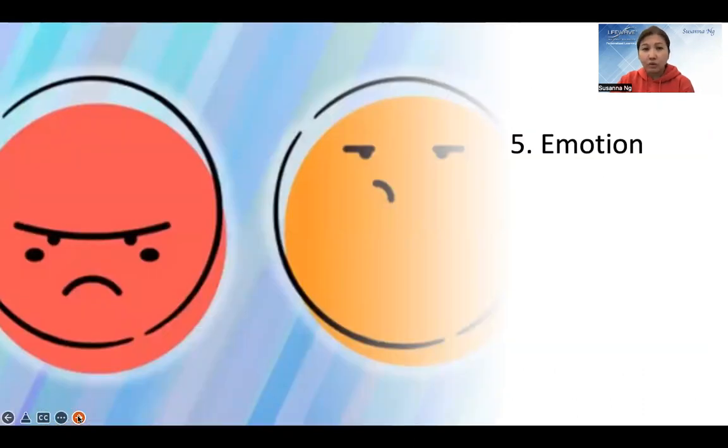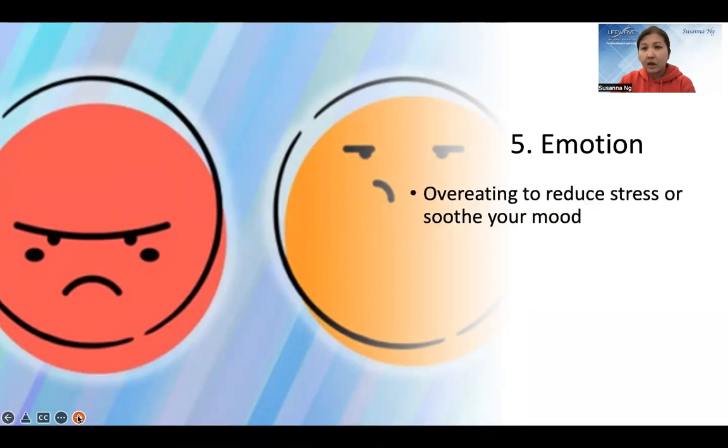Emotion issues also cause obesity, such as overeating to reduce stress or smoothen your mood. Before, I also would keep eating after my work under pressure. So after work, I like to eat a lot. So I get a big belly, and then I will feel good after I eat a lot.